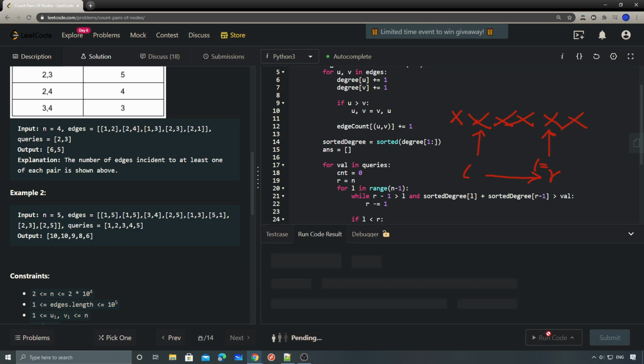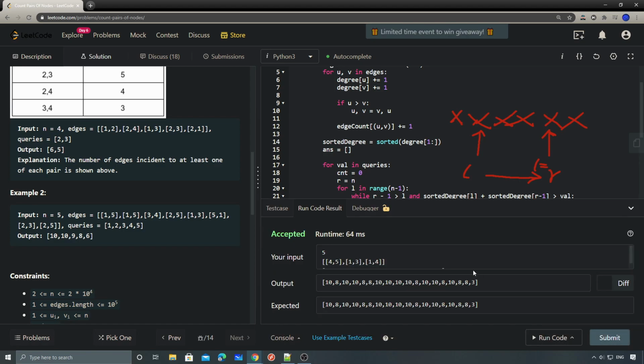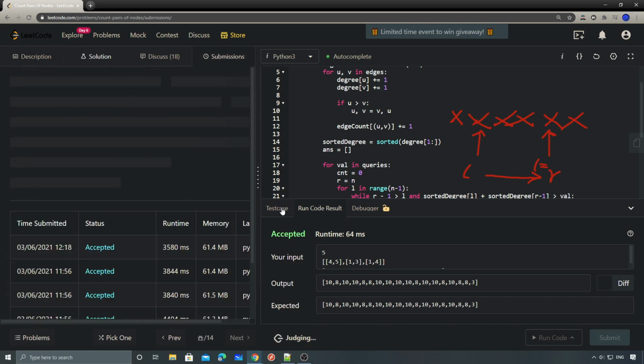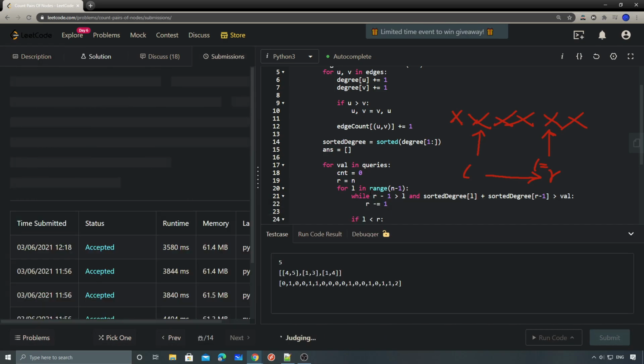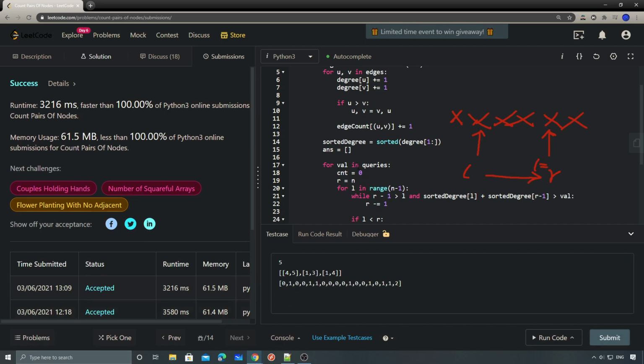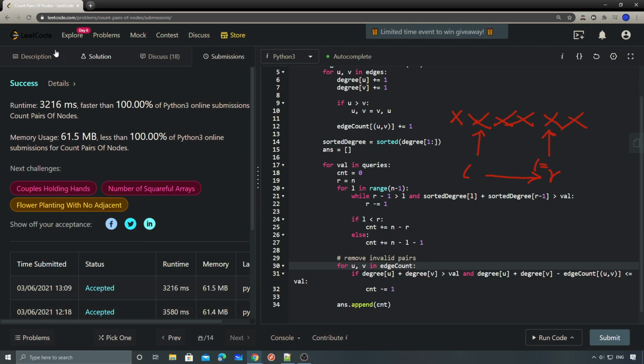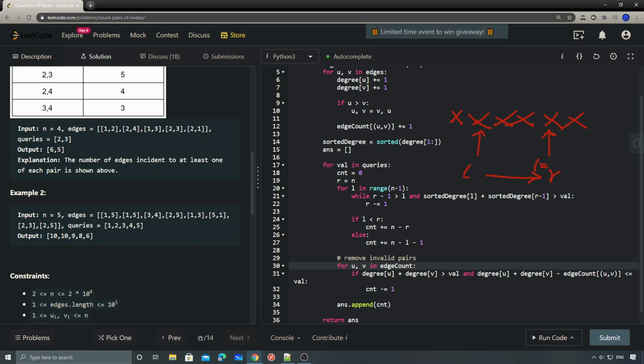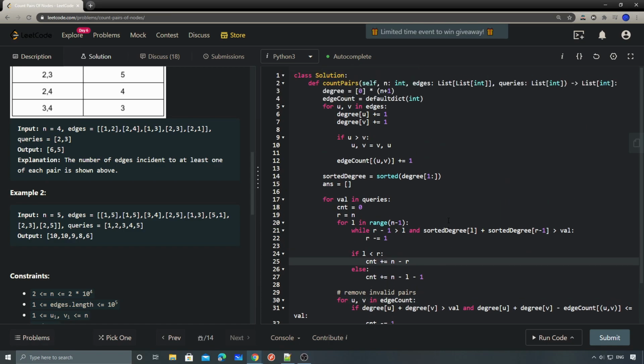Cool. So let's try to run the code here. Okay, accept it, and yeah, it passed. Now the time complexity for this one is what? It has to be the sorting here.